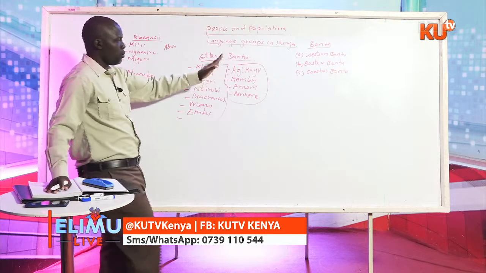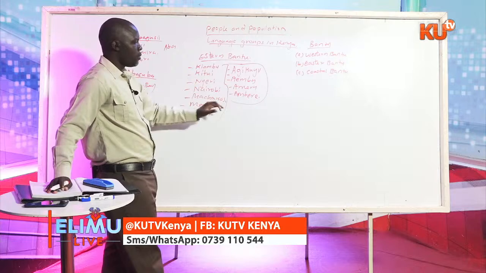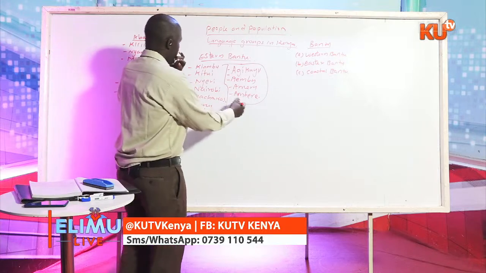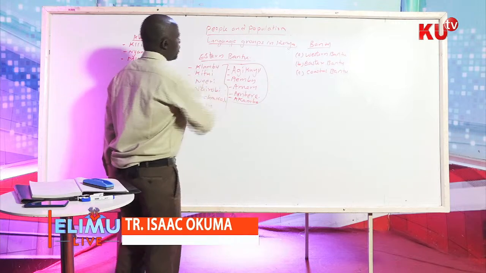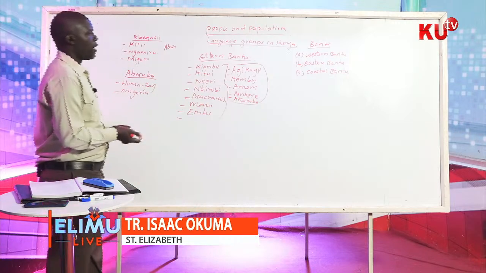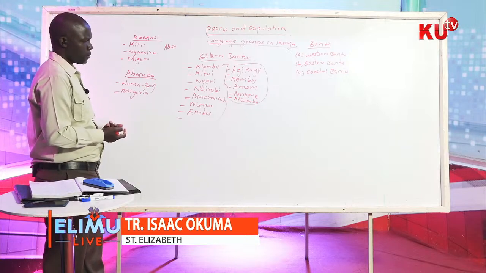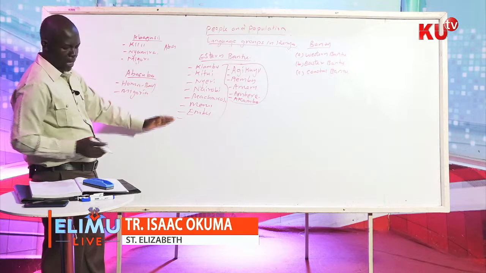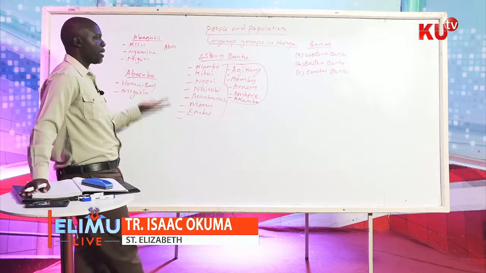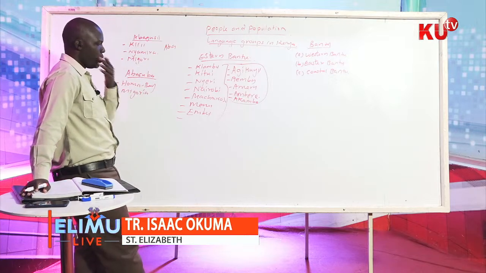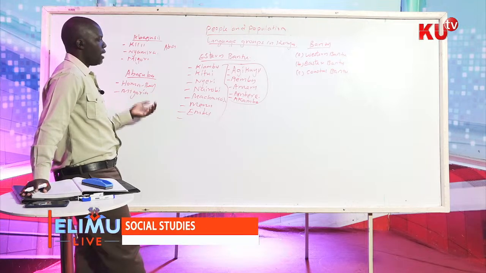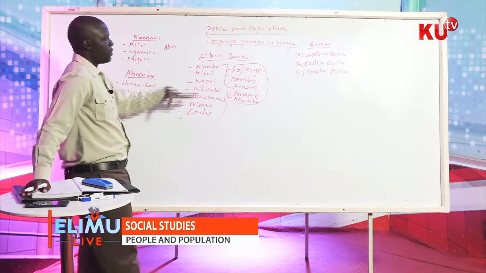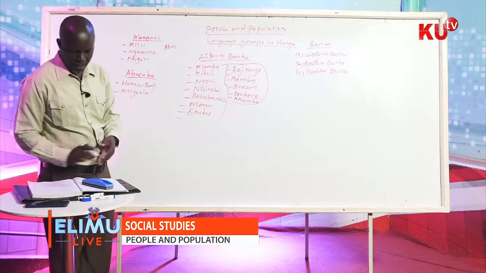So we have the Gikuyu, the Embu, the Meru, the Ambere, and then we have the Akamba. So they make up what we call the Eastern Bantu. They are found in the counties of Kiambu, Kitui, Nyeri, Nairobi, Machakos, Meru, Embu. We can also find them in Nyandarua, Tharaka Nithi, and all those counties there.